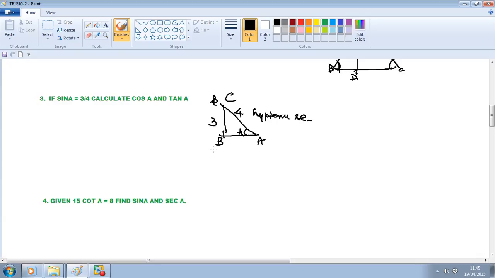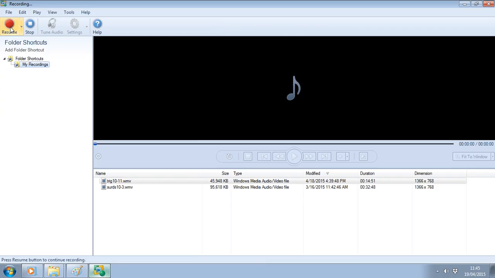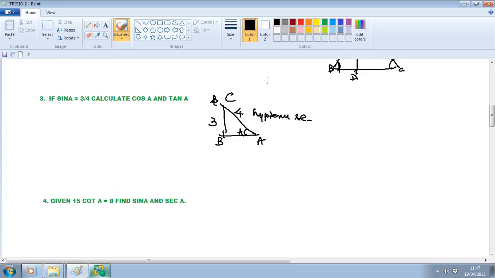So it is not just 3, 4, 5 like that we can find out in this case. It's entirely different now. Sin A is equal to 3 by 4. What about cos A? Cos A is AB by CA. So we need to know AB.